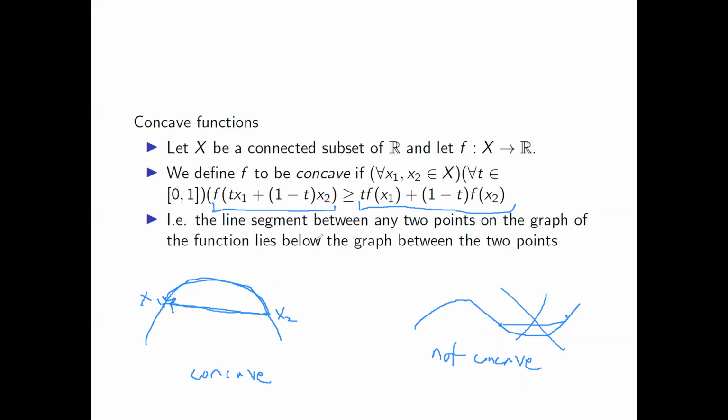And so we want that left part to be greater than or equal to the right part. So we want the part along the function f to be above the part along the segment.